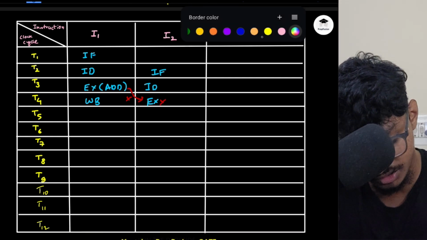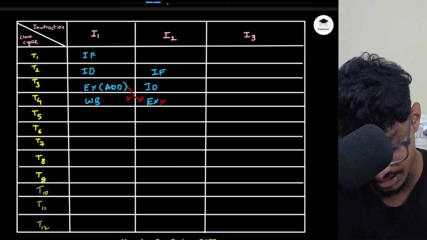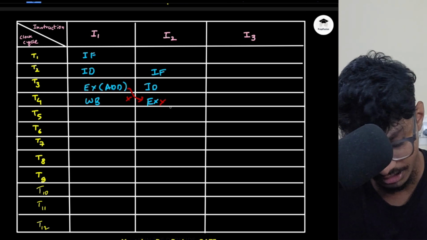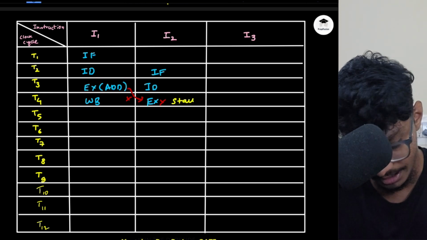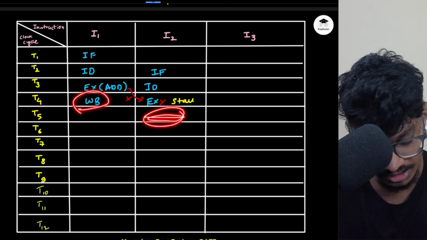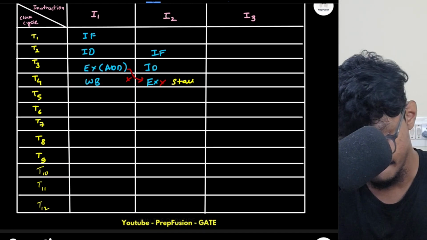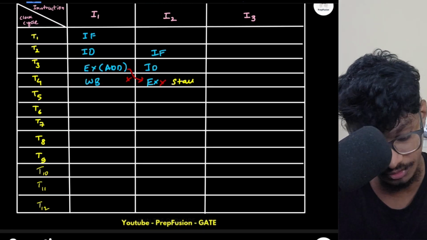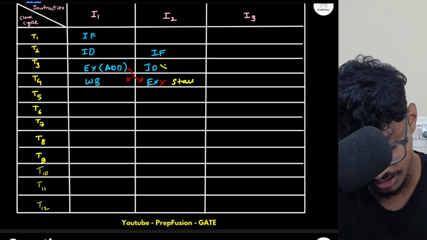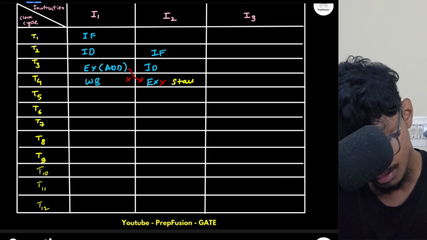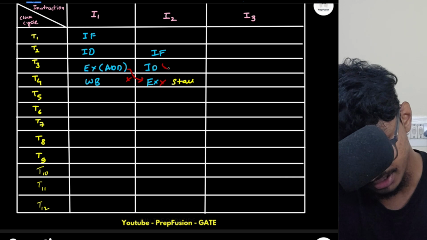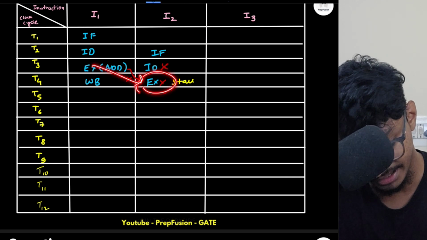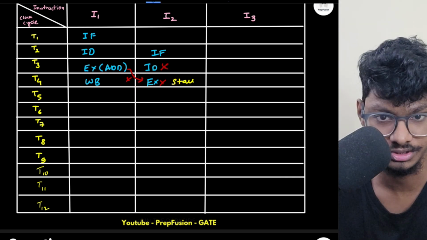What I have to do, I have to provide stall cycles. I have to wait for this to be finished and this write back to happen, right? So I have to provide stall cycle here, and after this write back has happened, then only I will start my execution. Previously there was operand forwarding, that's why my execution phase was directly getting its operands from the previous execution instruction.